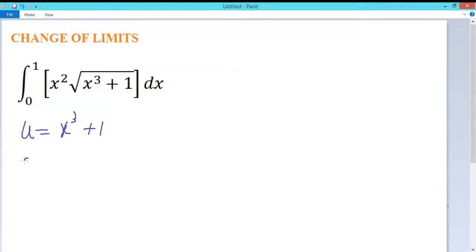Then du over dx will be equal to 3x squared plus 0, or 3x squared. Our dx, you have to make dx the subject, so our dx is equal to du over 3x squared.